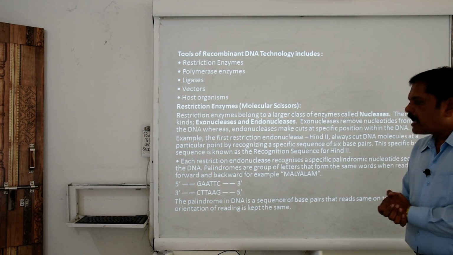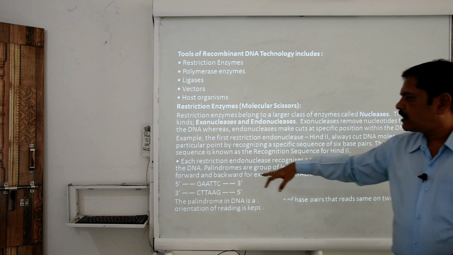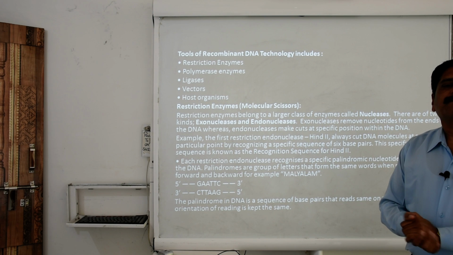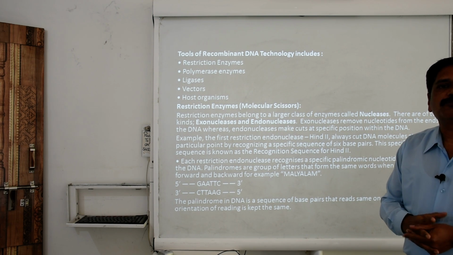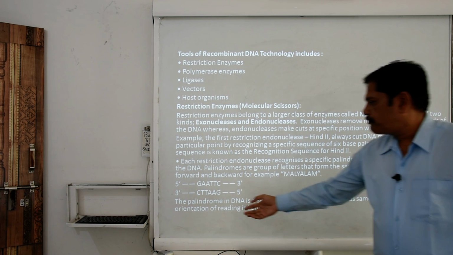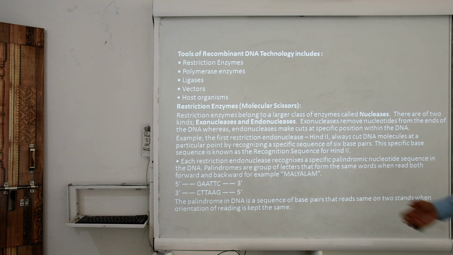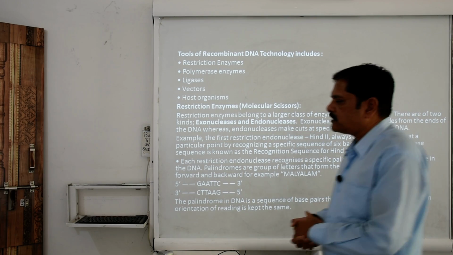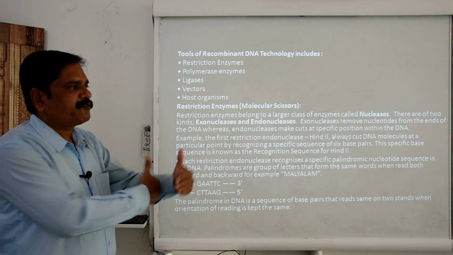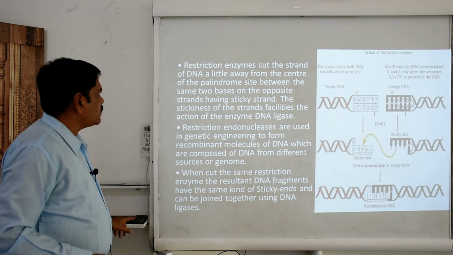So this enzyme, the restriction endonuclease, is responsible for identifying these palindromic sequences of nucleotides in the DNA and cutting them. Clear? So the palindrome in the DNA is a sequence of base pairs that reads the same on the two strands when the orientation of reading is kept the same, from 5 prime to 3 prime on both, and it will be the same.